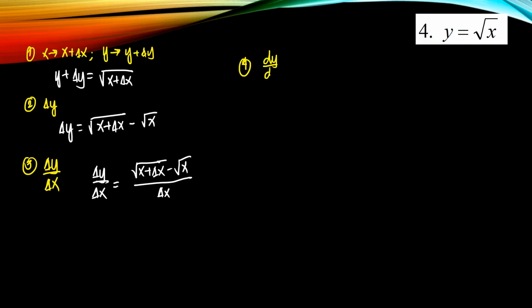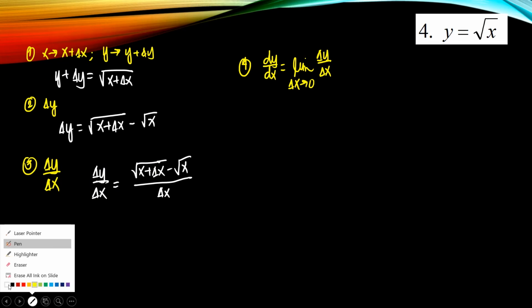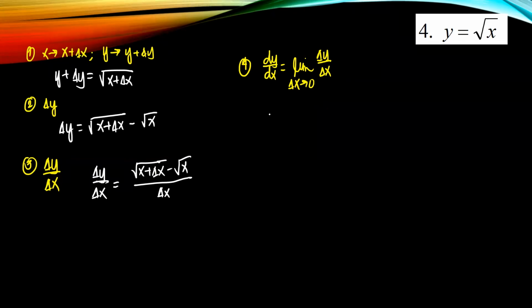The dy over dx is basically the limit as delta x approaches 0 of delta y over delta x. Ngayon, pwede na natin isolve. May problem. Look at this. I can say dy over dx is basically the limit as delta x approaches 0 of square root of x plus delta x minus square root of x all over delta x.